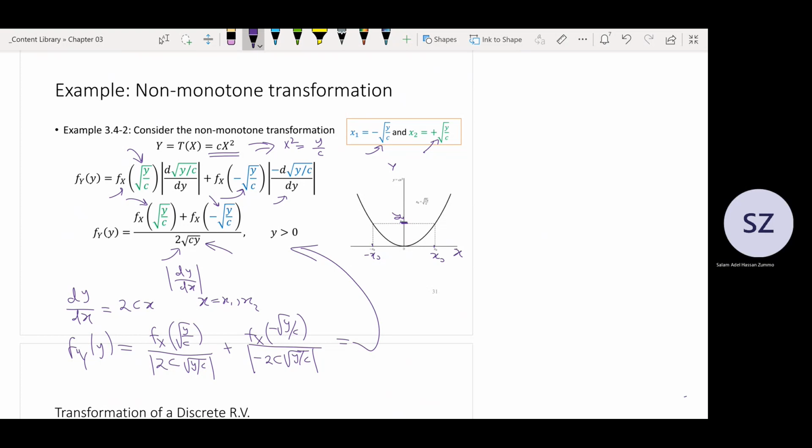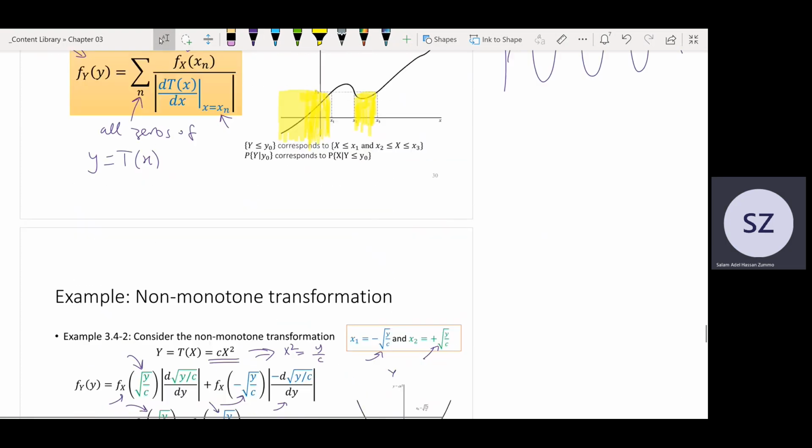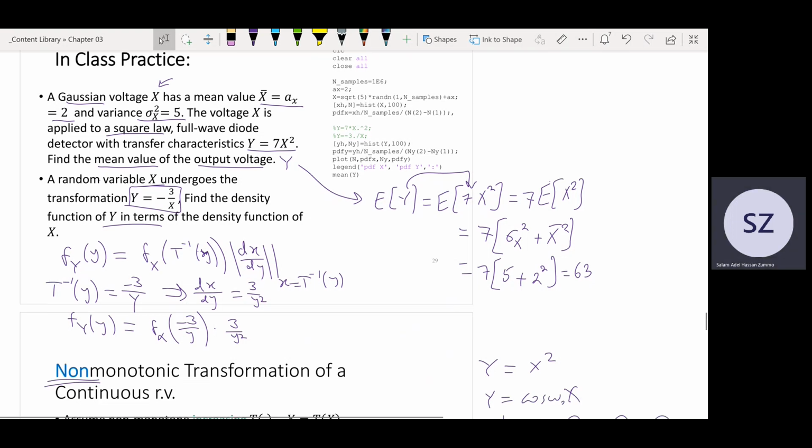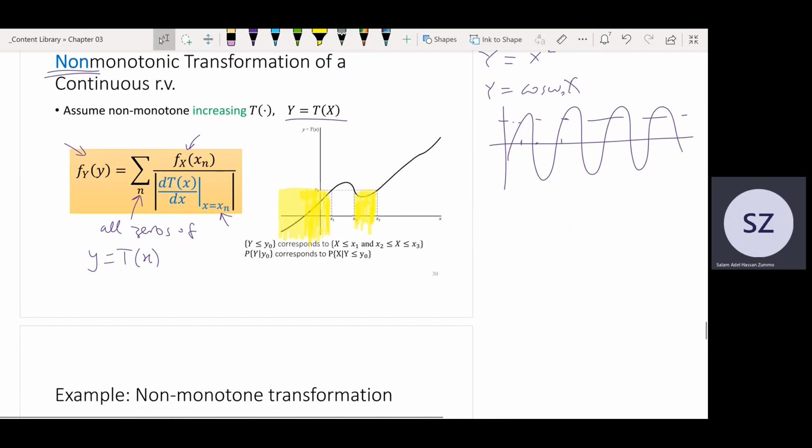Again, if you want to do this very well, you need to go back to the monotonic case and make sure that you understand the relation between fy and fx, and what you put inside instead of x, which is the zero. Now, if you understand the monotonic, the non-monotonic will be easy. You sum all the different zeros.